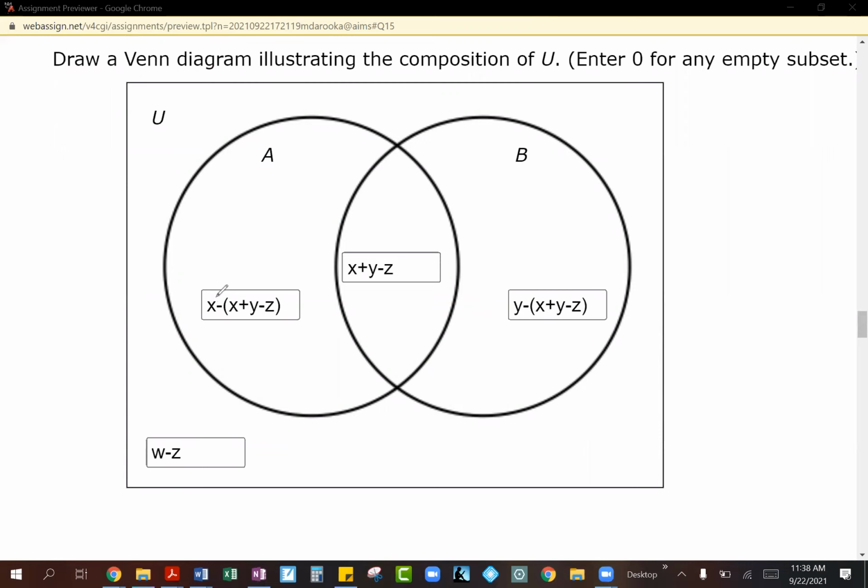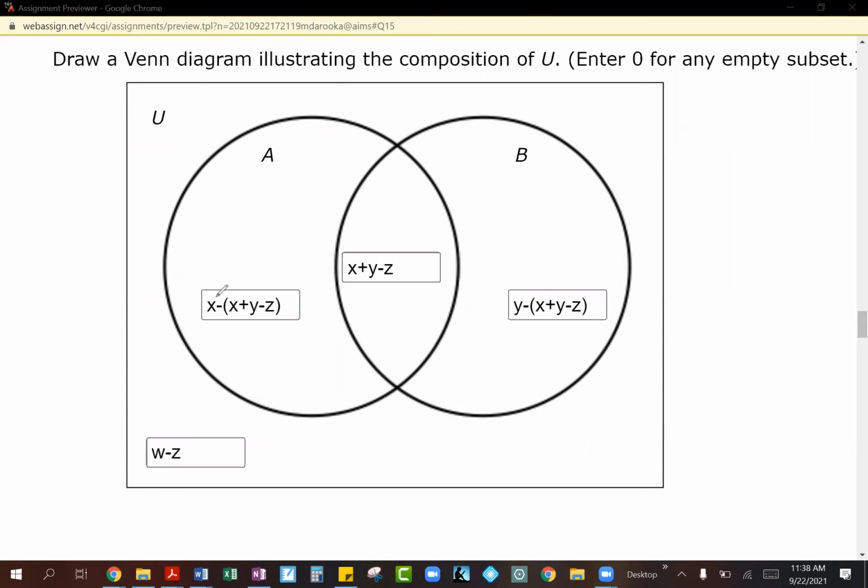If you distribute that negative sign, you get x minus x minus y plus z, so your x's cancel out, giving you z minus y for this blank space. Same thing here. If you distribute that negative, you get minus x minus y plus z. Your y's cancel out, and this becomes z minus x.